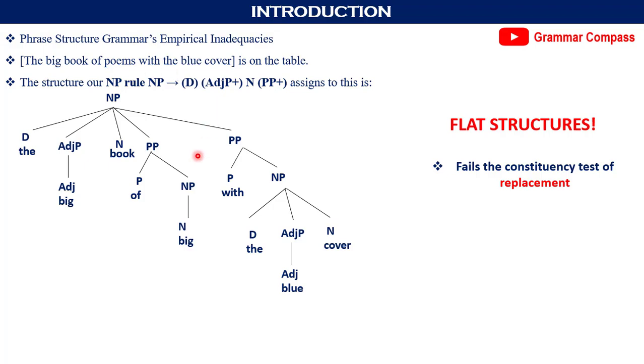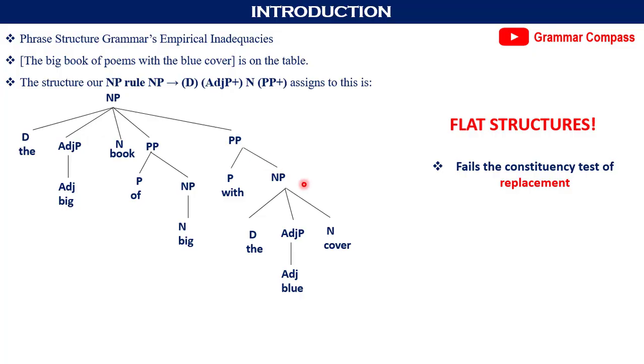But since the phrase structure grammar does not address those intermediate structures, that is why we need X-bar grammar. So X-bar grammar includes the intermediate structures that are in groups of words.